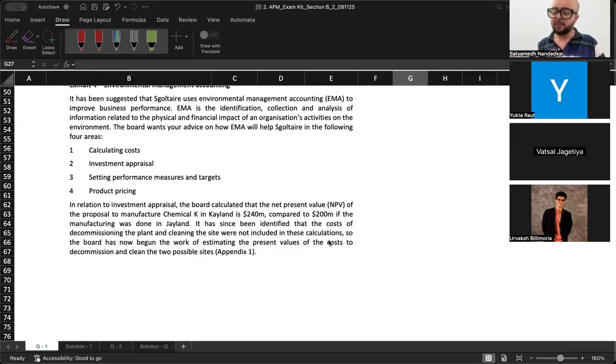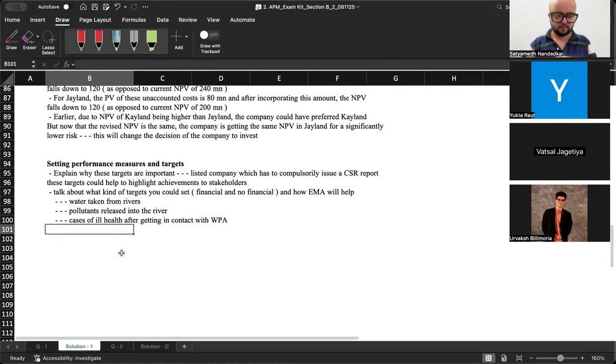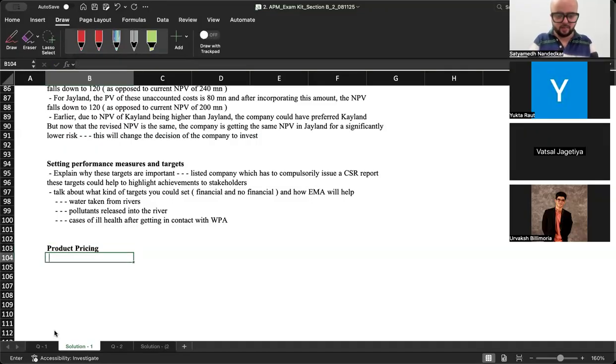So you will end up not recording the cost because you don't understand its nature. With environmental management accounting, all the hidden costs, contingency costs, decommissioning, everything can be considered, and it will help you to do the right costing, and therefore it will also help you in setting the selling price. Do you agree? Yes, and we can also determine if we're making profit or not, at the end of the project or a year. Correct.